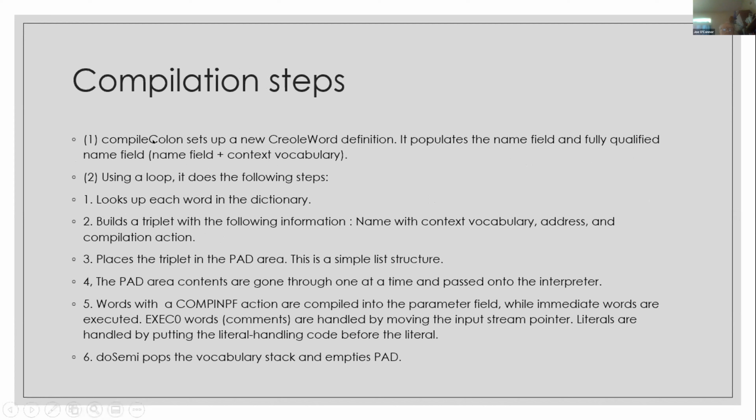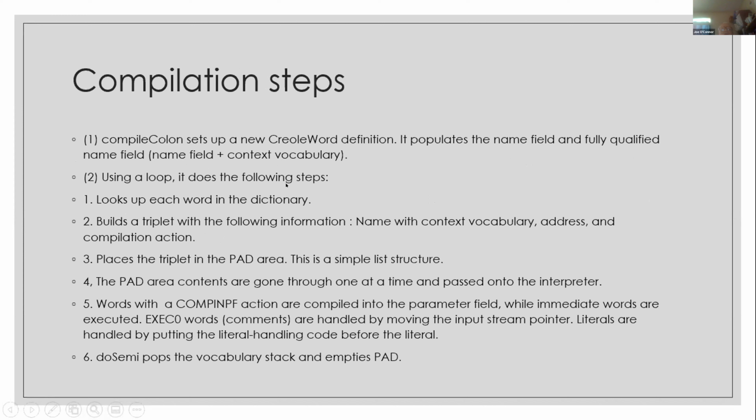So, compilation steps. I have a routine called compile colon. It sets up a new Creole word definition. It populates the name field and the fully qualified name field. That's the name field plus the context vocabulary.